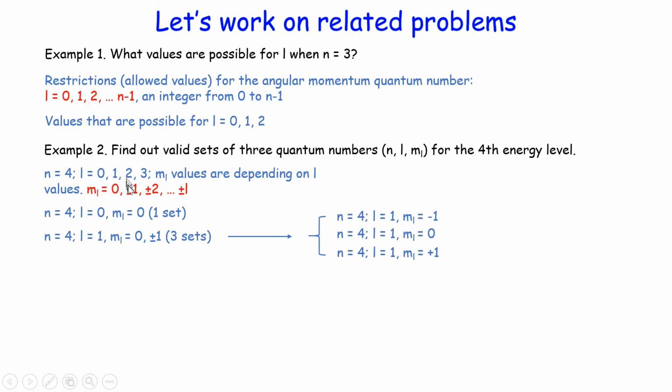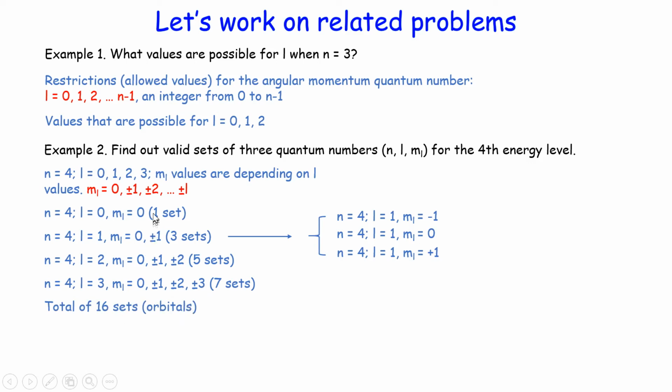Next one, let's take a look. L equals 2, then ml can be 0, plus or minus 1, plus or minus 2. That's 5 sets. L equals 3, then ml has 7 values: 0, plus or minus 1, plus or minus 2, plus or minus 3. That's 7 sets.